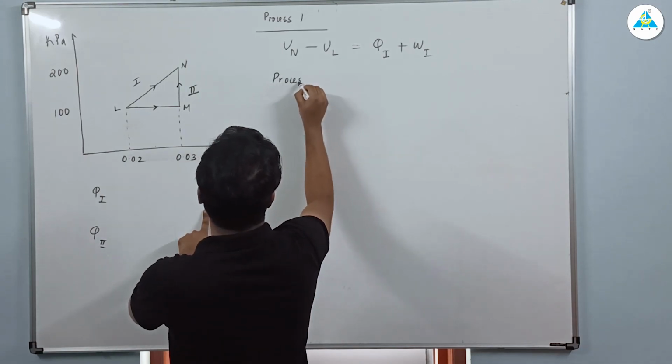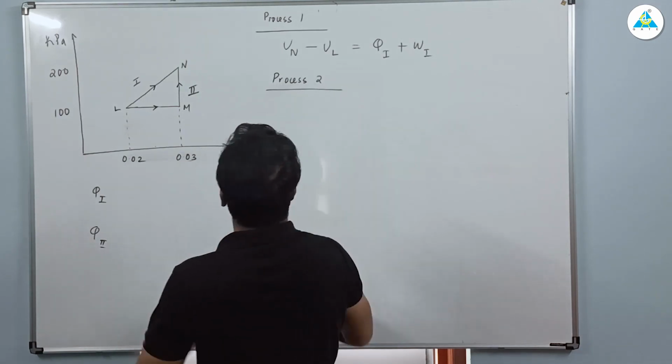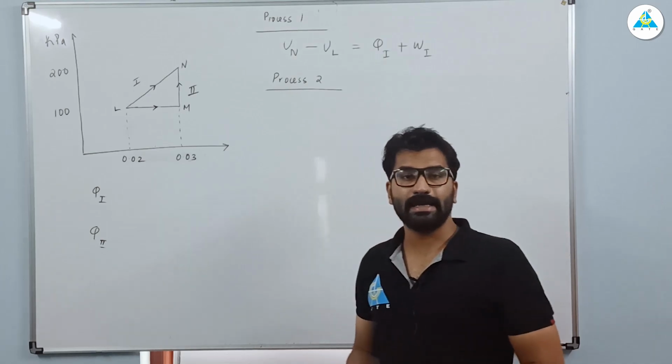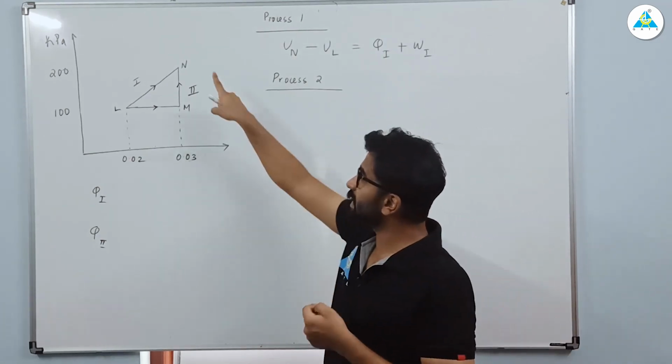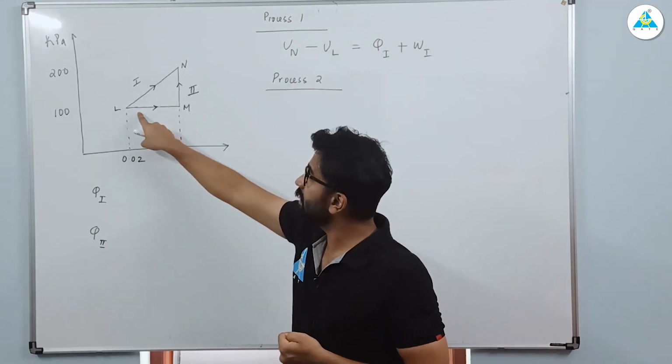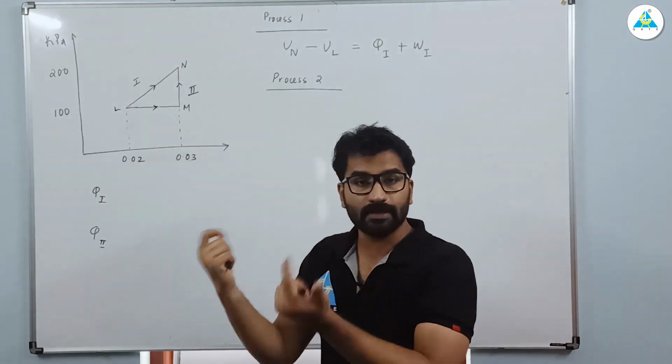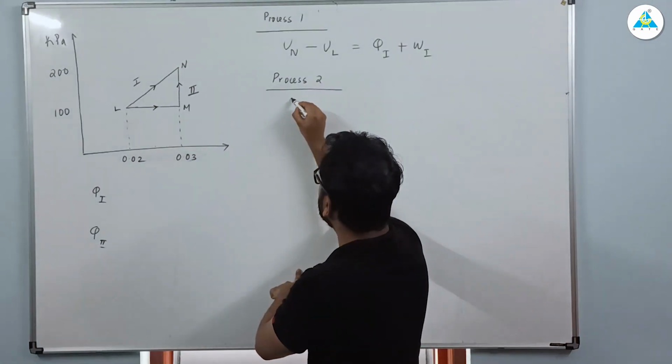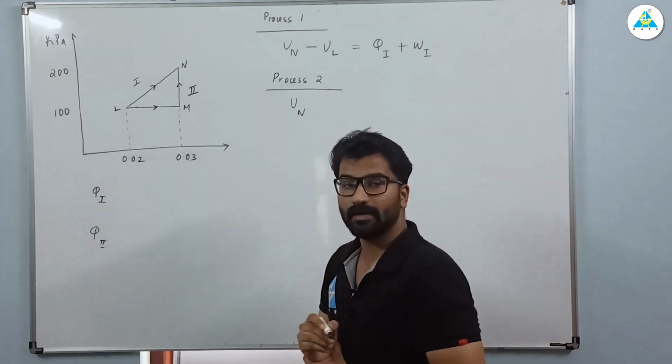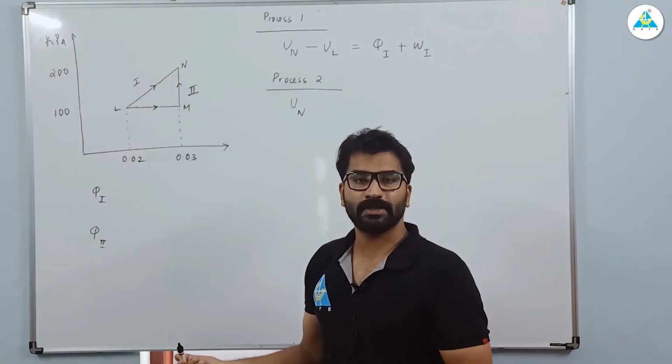Now what about process 2? What is the final state of process 2? Final state is again N, because L, M, N. So what is your internal energy at the final state? UN. And at the initial state?